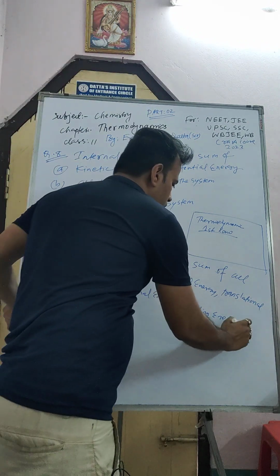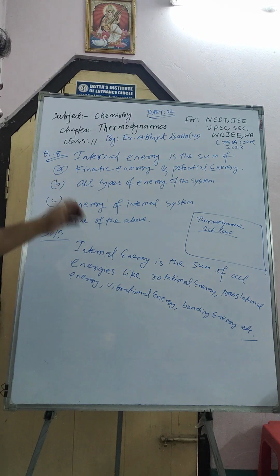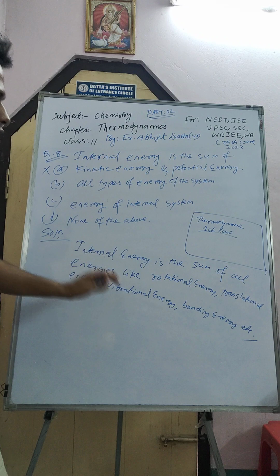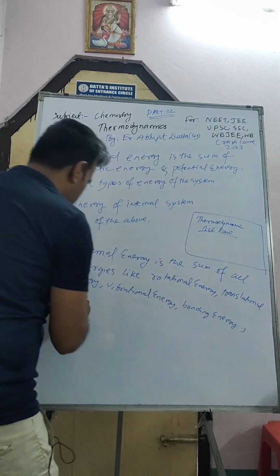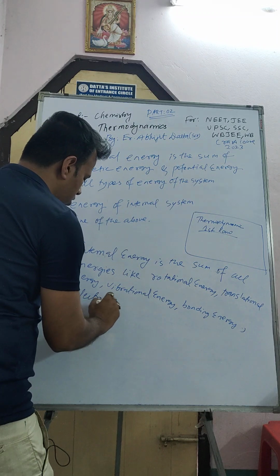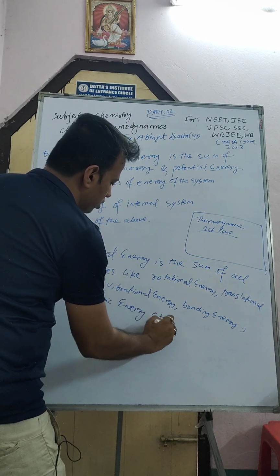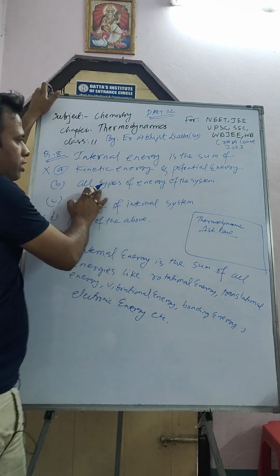Okay, so here kinetic energy, potential energy is not correct, because there is vibrational energy, and electronic or electrostatic energy is also there. So only kinetic energy, potential, no; all types of energy, yes.